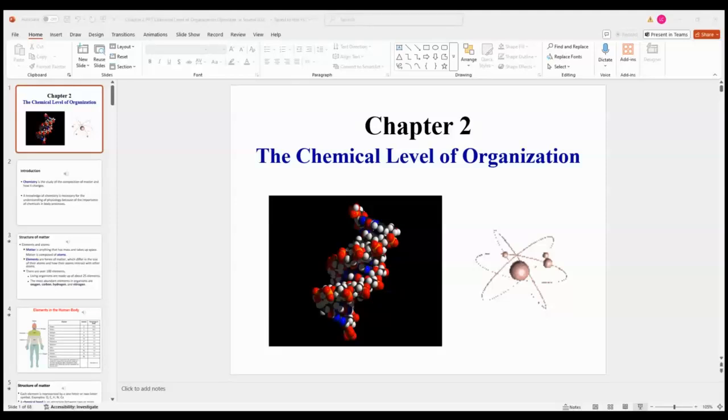So this, and anything that's not organic, we call inorganic. Inorganic substances, examples: water, oxygen, carbon dioxide, salts. Those are all inorganic. Okay. Of course, water is important in living organisms, especially humans. Oxygen, carbon dioxide, very important. And salts, we already talked.